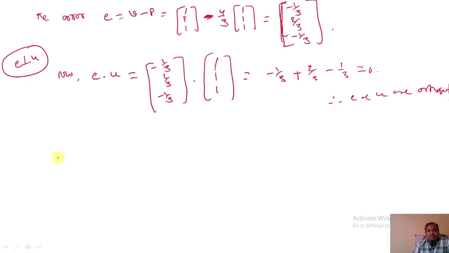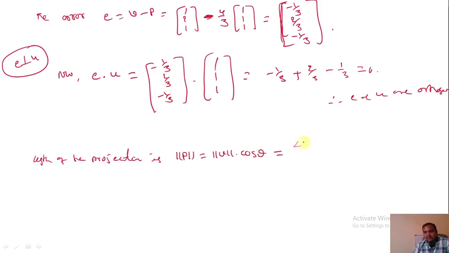Now, somebody asked me, find the length of the projection. The length of the projection, norm of p, equals norm of v into cos theta, which is the same as the inner product of v comma u divided by norm of u.